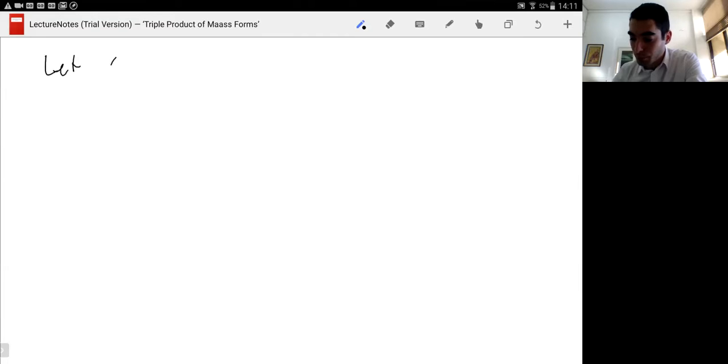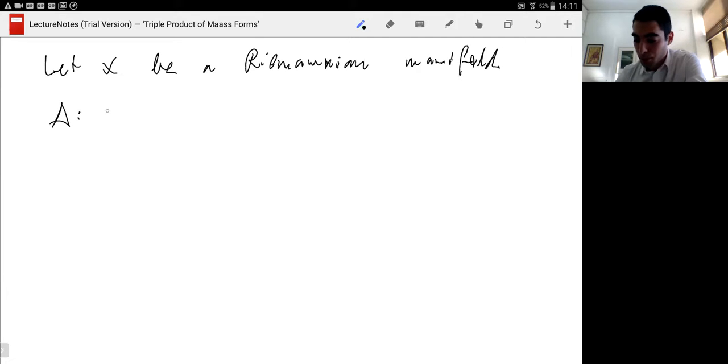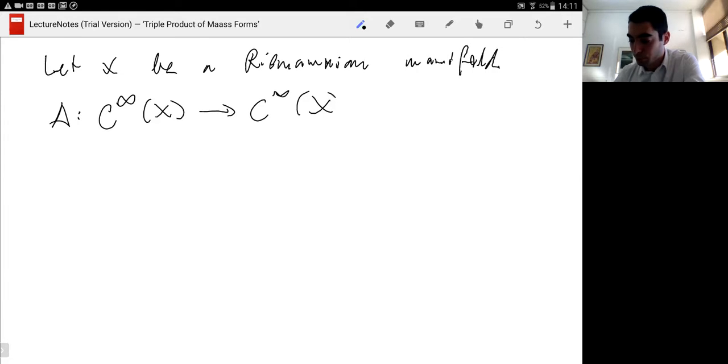So let X be a Riemannian manifold. There is a very general concept of a Laplace operator that operates on infinitely differentiable functions on X. In this generality, it is given as follows.